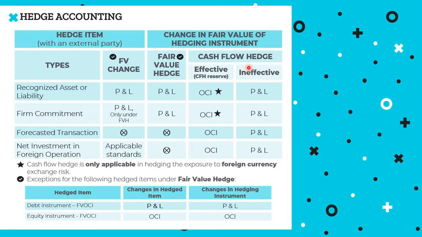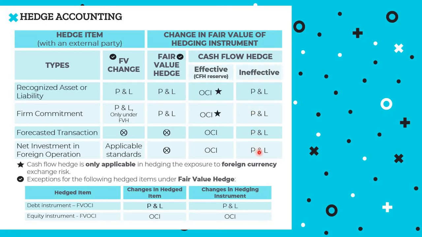Pag effective daw, yung amount allocated and assumed to be effective, ire-record under other comprehensive income. At ang term na ginagamit ng standard for the OCI account is the cash flow hedge reserve. So this is an OCI account. And yung amount daw na ina-allocate as ineffective, doon naman siya i-recognize sa profit or loss sa income statement.